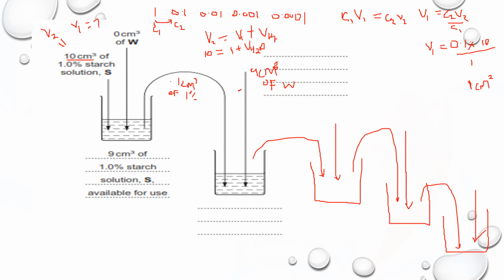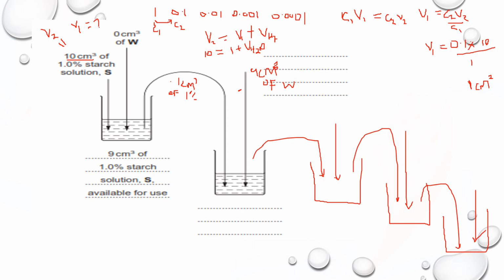By the time you remove 1 out of 10, because 1 plus 9 gives us 10, what will be left is 9.